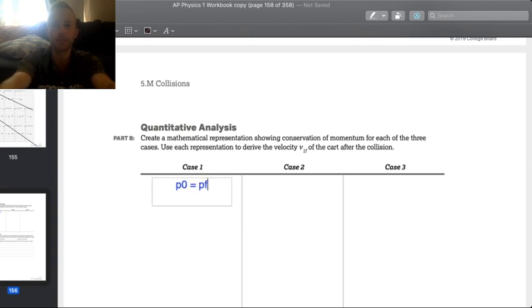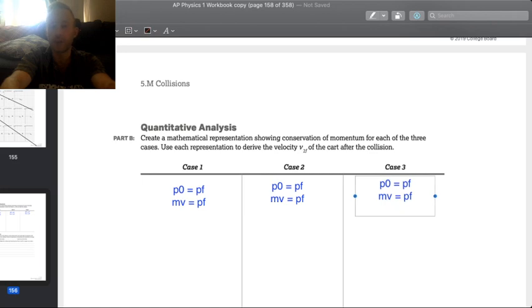So little mv is p initial, and that equals p final. It's going to be the same in all three. What's different is the final momentum.